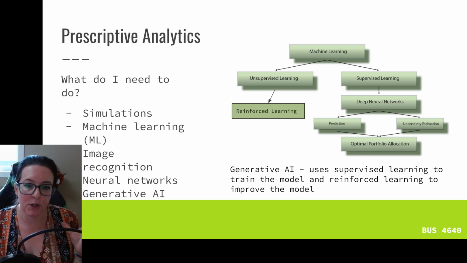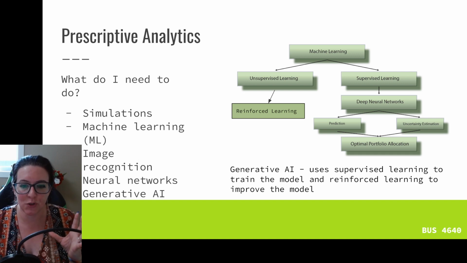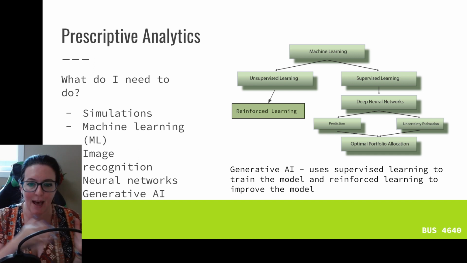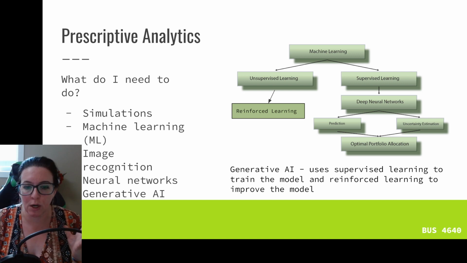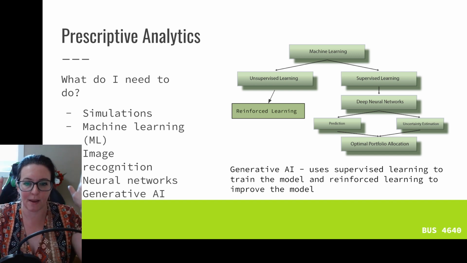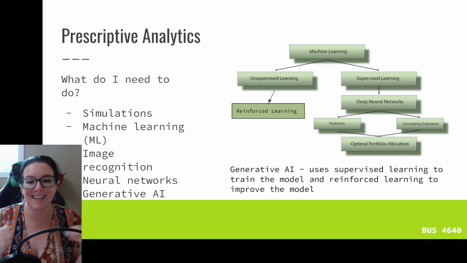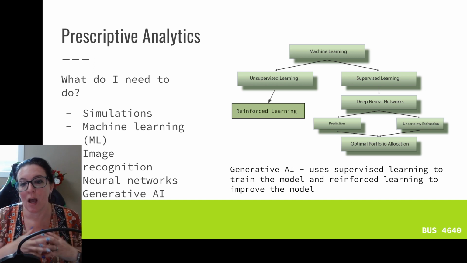For example, if we're trying to train a system to identify cats, you feed it a bunch of pictures, and you've already told it in the training sample, this is a picture of a cat, this is a picture of not a cat. And so it starts to learn based on pattern recognition. It's going to look for certain shapes like ears or whiskers that indicate it's a cat. So that's supervised learning, where it has a training set.